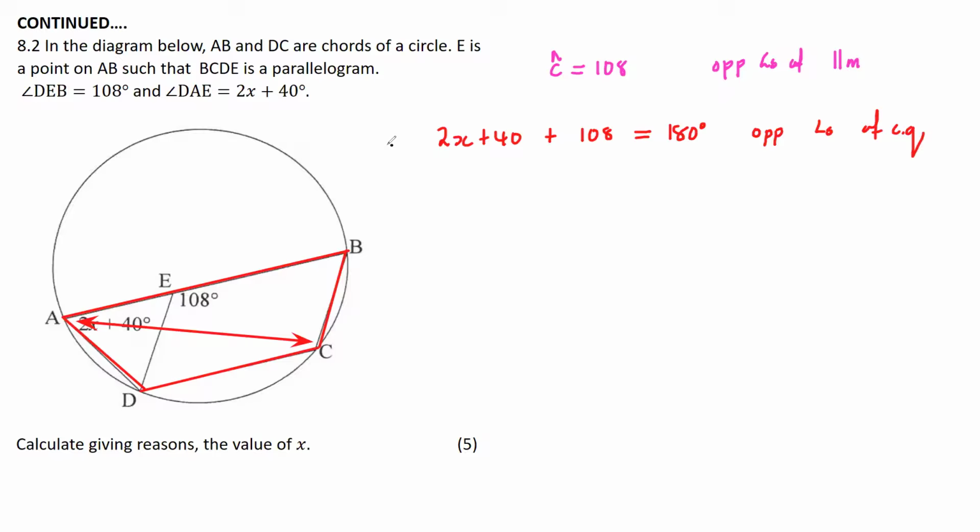Here it's going to be 2x plus 148. That's 180. 2x is equal to 32. Divide by 2, 16. That's the value for x. I'm happy about that. Write it down.